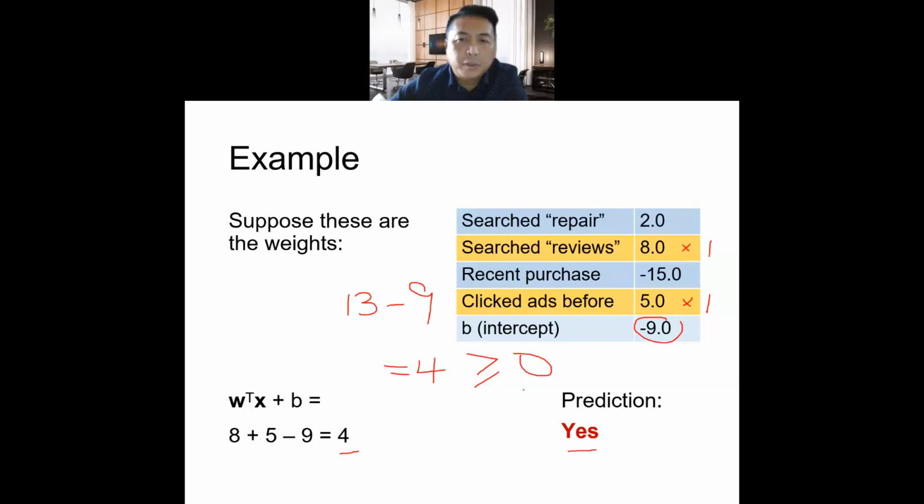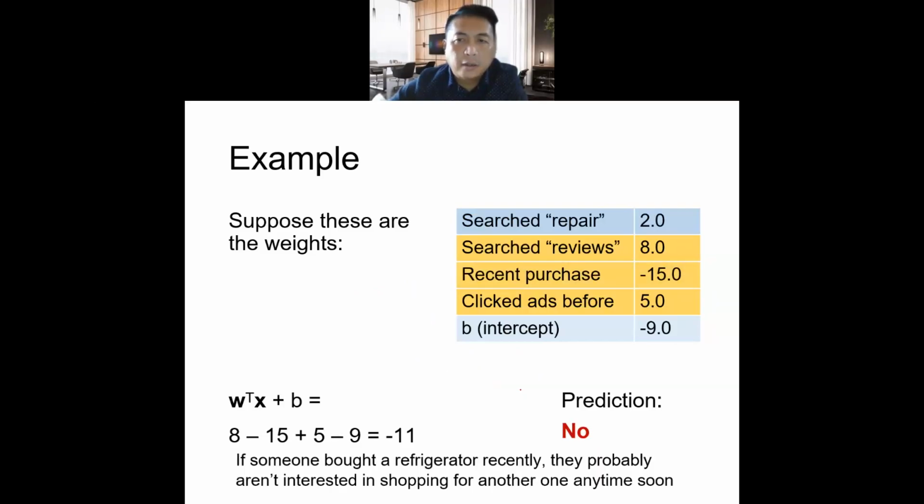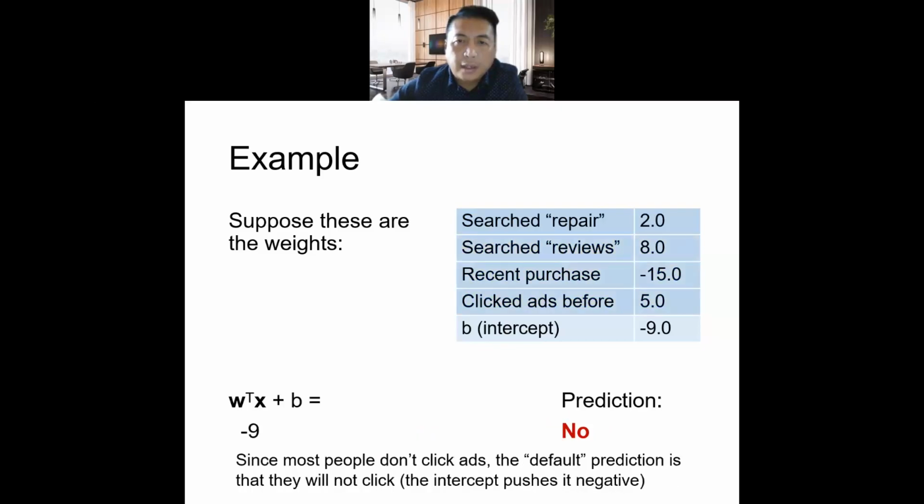Let's suppose we have three of them. We will have -11 here. The prediction is no. If none of them is 1, by right we only have -9, so the default prediction is that they will not click.